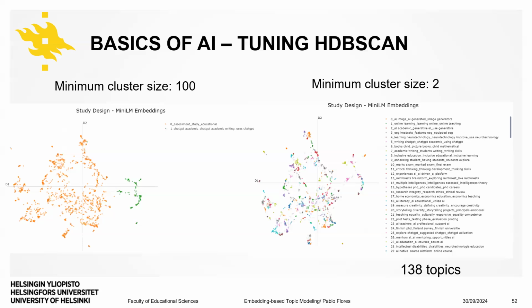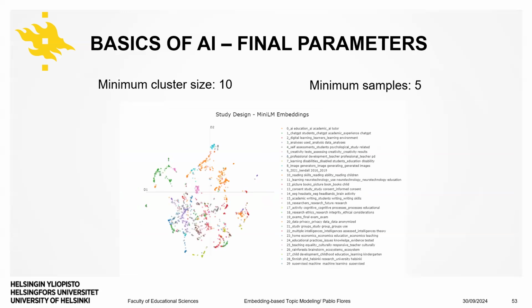Well, besides that, I ended up with a minimum cluster size of 10, which is what the developer recommended. I just lowered the minimum samples from 10 to 5. That was the only change I made after many iterations, and it gave a satisfying outcome in my head.